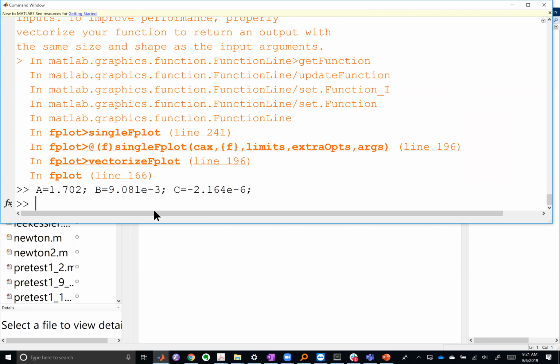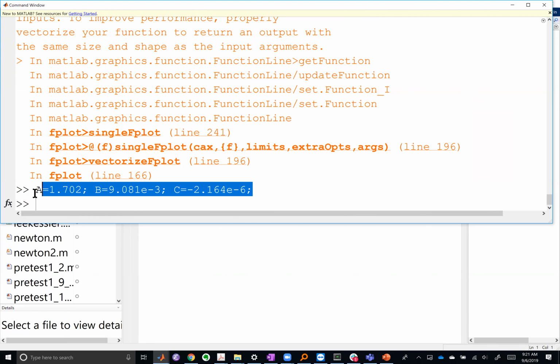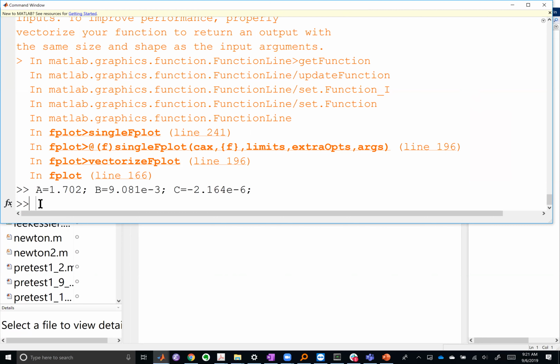Okay, so these were the heat capacity constants for methane again. And to calculate gamma, I need an equation that I can use to calculate the heat capacity. So Cp over R, remember I showed you this once before. We're going to construct a function handle. So that's a function that will evaluate a number and pop out another number.